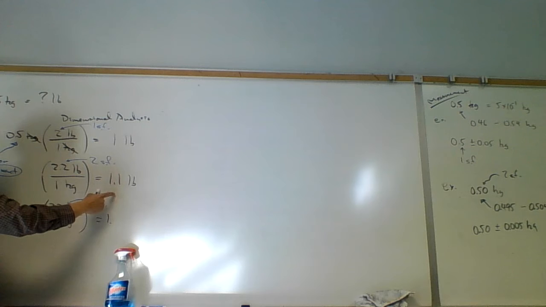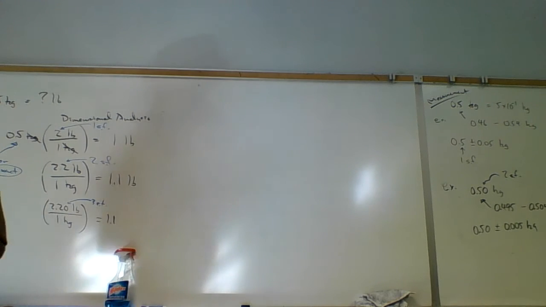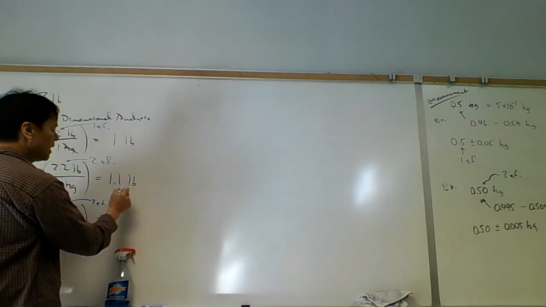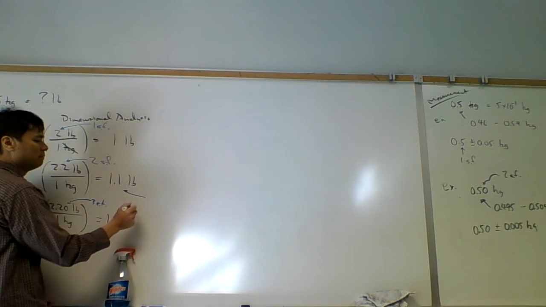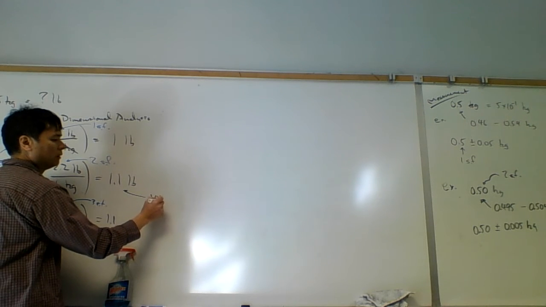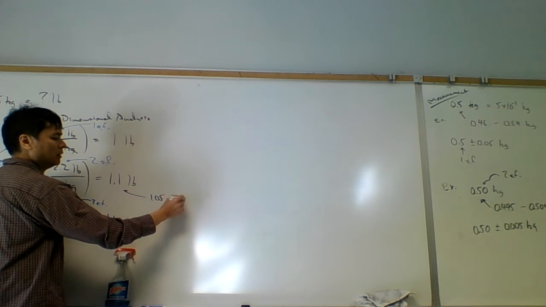No. Should I weigh out 1.1 pounds? No. In fact, 1.1 pounds could be anywhere from, what's a range on something like that? If I have 1.1 pounds, it could be anywhere from 1.05 to 1.14 pounds.